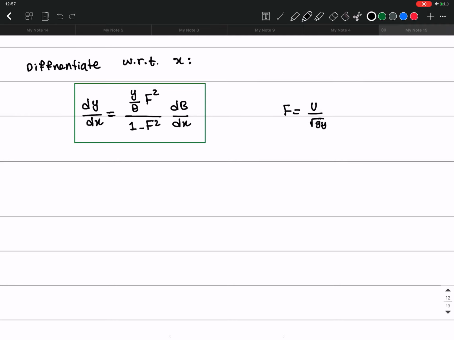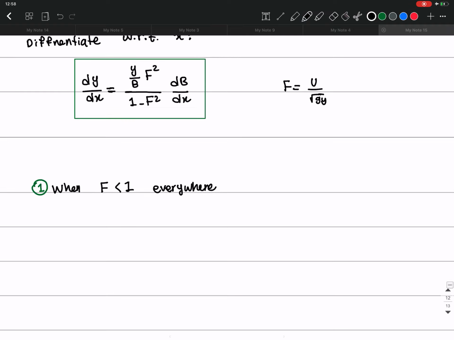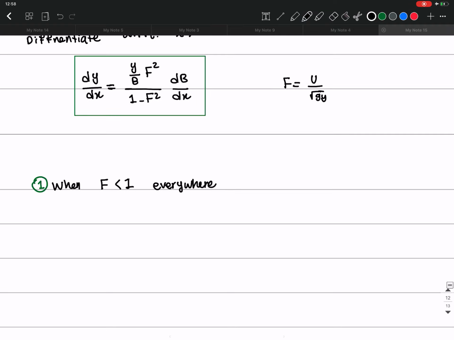So now I want to investigate some behavior of dy over dx depending on the Froude number, right? The first case is when Froude number is smaller than 1 everywhere in the domain. So when we have a subcritical flow everywhere, we can have two situations.